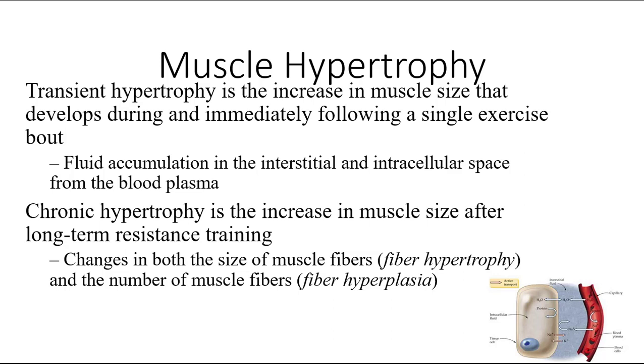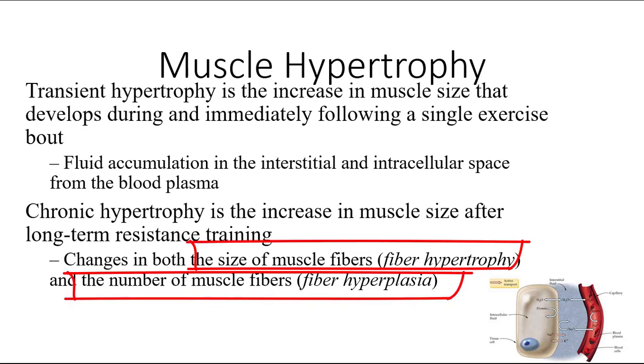And chronic hypertrophy is the increase in muscle size after long-term resistance training. It involves a change in both the size of muscle fiber, called fiber hypertrophy, and the number of muscle fiber, called fiber hyperplasia.